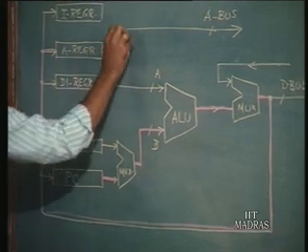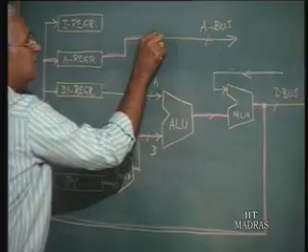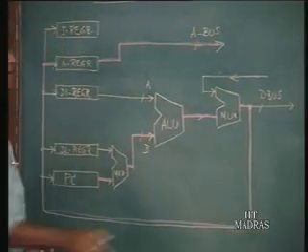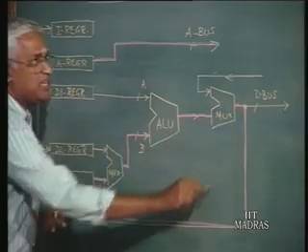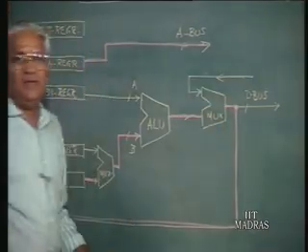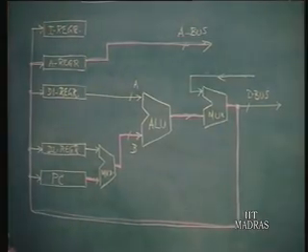And then it is placed over the A bus. This is the path. So, if this path is set up during T1, then the goal is achieved.